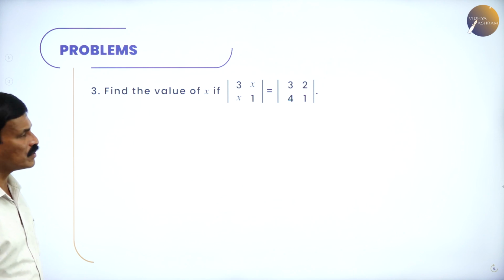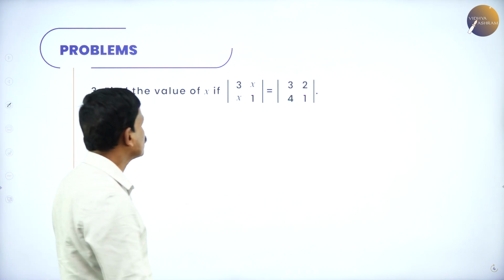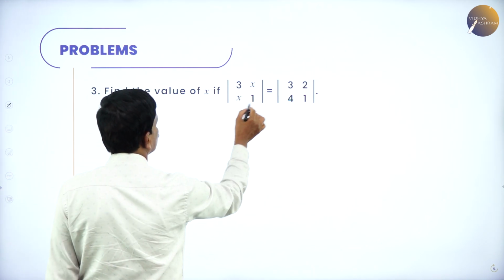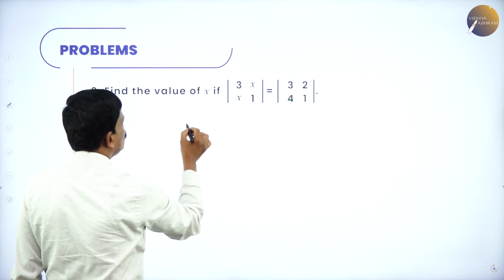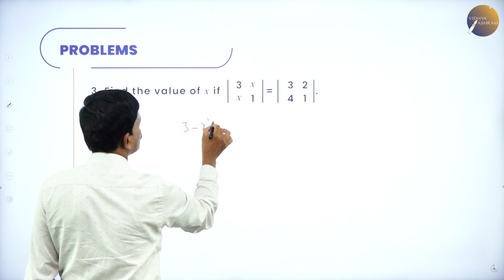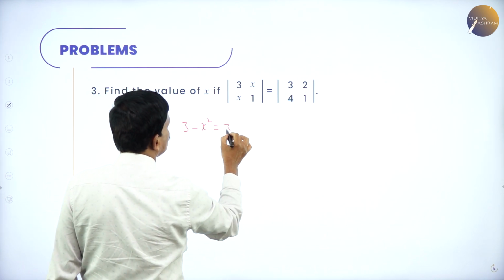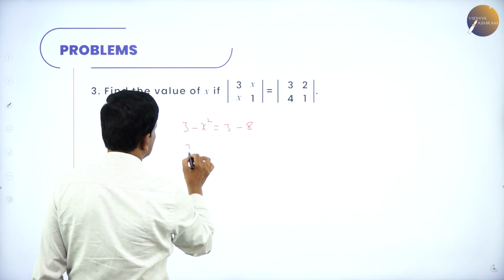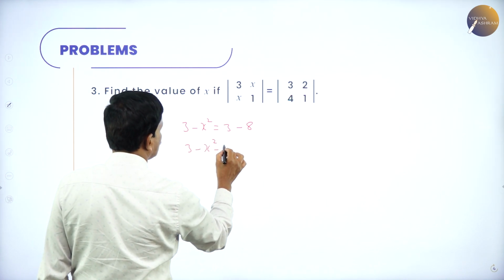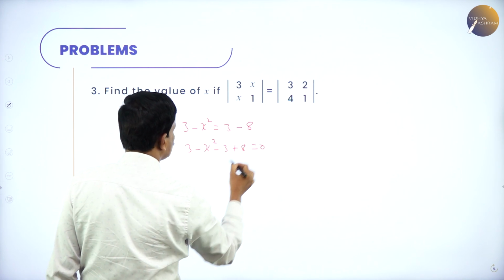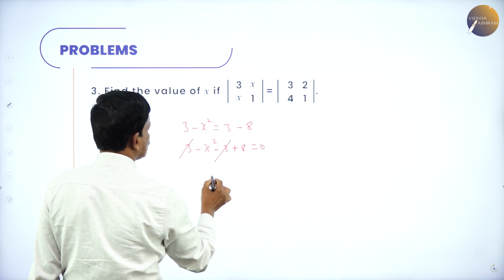Now let us take a similar type problem for 1 mark. Find the value of x if the determinant with rows 3, x and x, 1 is equal to the determinant with rows 3, 2 and 4, 1. 3 into 1 is 3 minus x square, 3 1s are 3 minus 4 2s are 8. 3 minus x square, transfer this, minus 3 plus 8 is equal to 0. Minus 3 plus 3 gets cancelled.